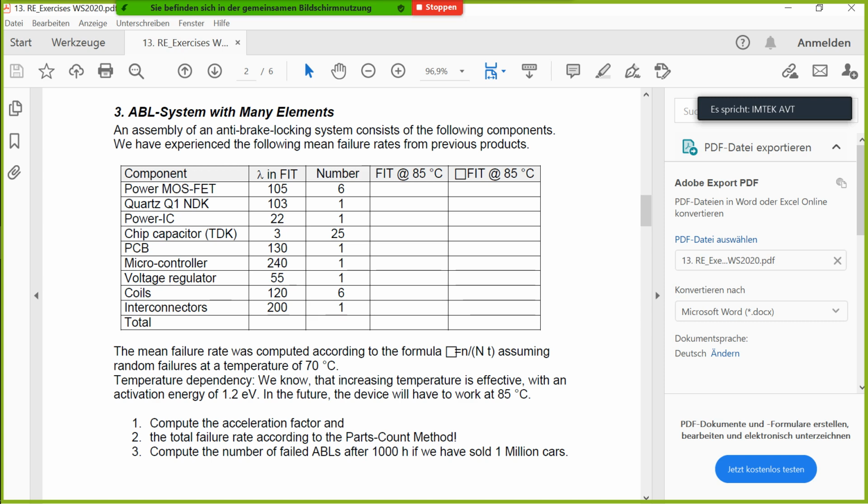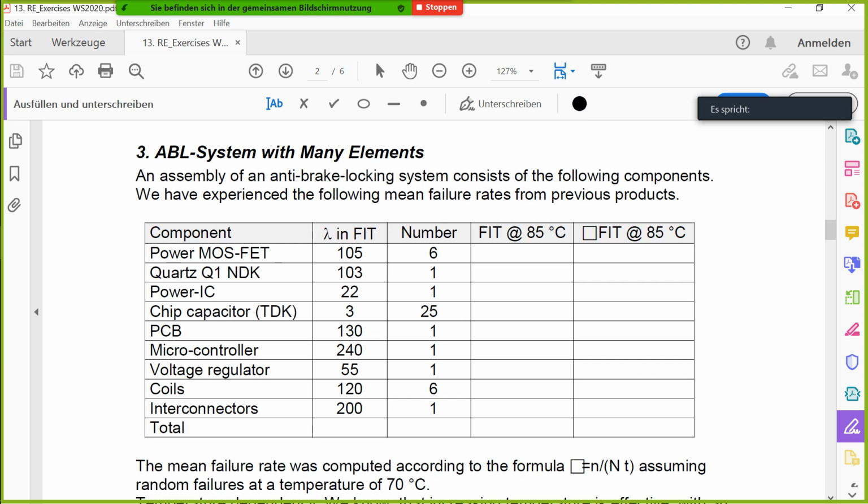So here we can take 4 times the value. What is the total fit number then at 85 degrees centigrade? In that case, we would have to multiply with the numbers of devices.